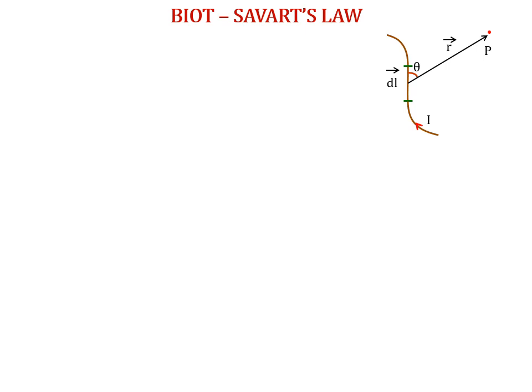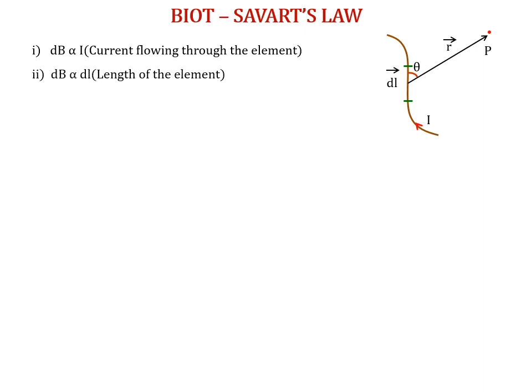According to Biot-Savart's law, the magnetic field at the point P due to the element dl is directly proportional to current flowing through the conductor. We represent field by dB, small field. It is proportional to the current flowing through the conductor. The magnetic field is also proportional to the length of the current element.